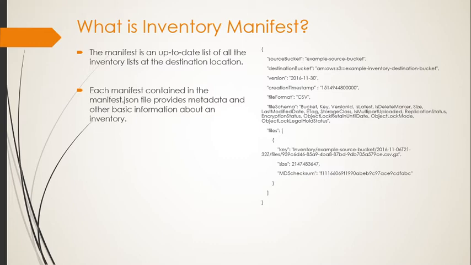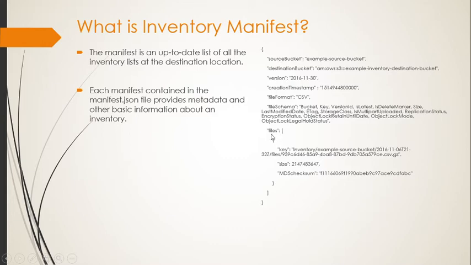So what does this manifest file contain? It provides the metadata and other information, like the source bucket. This is an example of a manifest.json file, which gets generated while generating the inventory file. You can see here the source bucket, destination bucket, version number, creation timestamp, and file format. Suppose this is the CSV format. The file schema lists bucket, key, version ID, which are nothing but the metadata we selected.